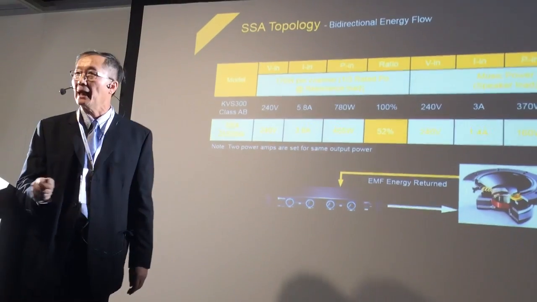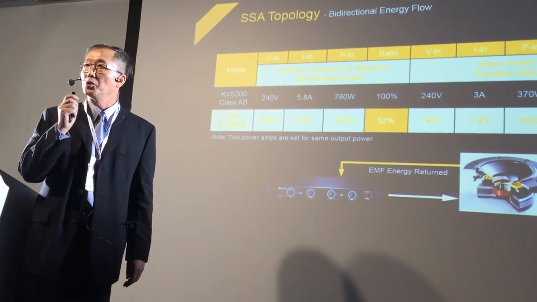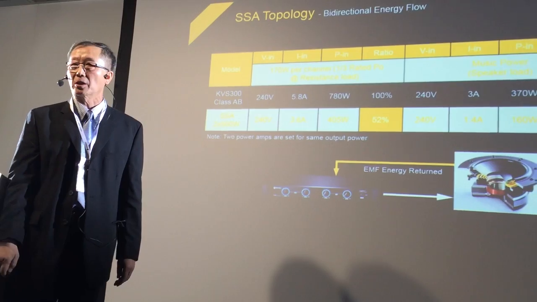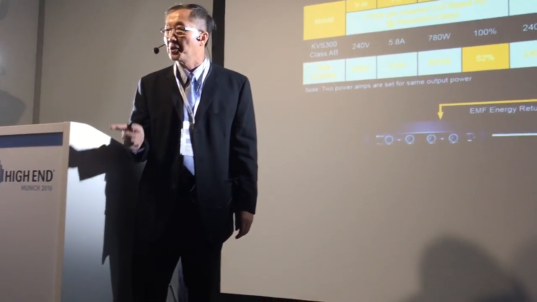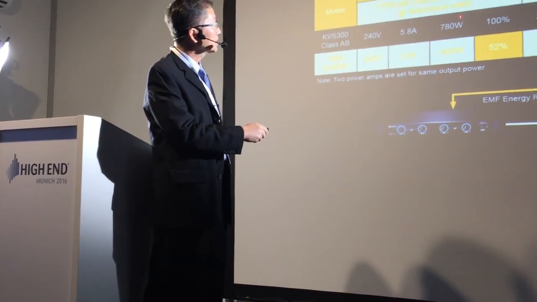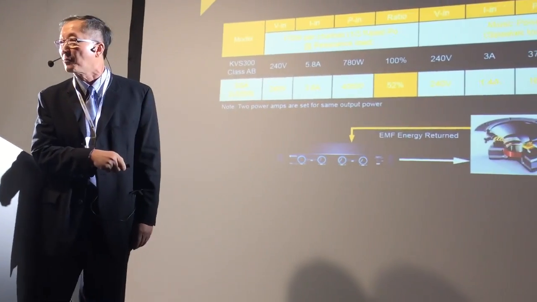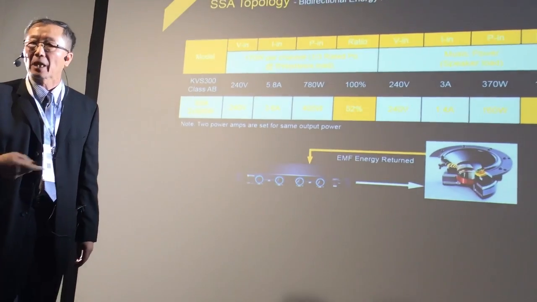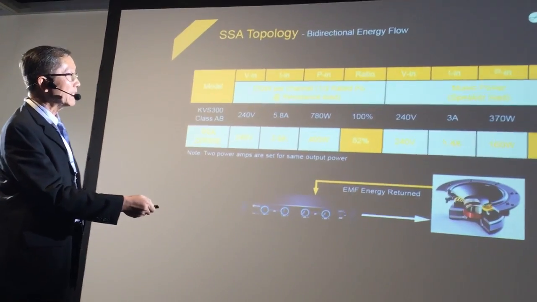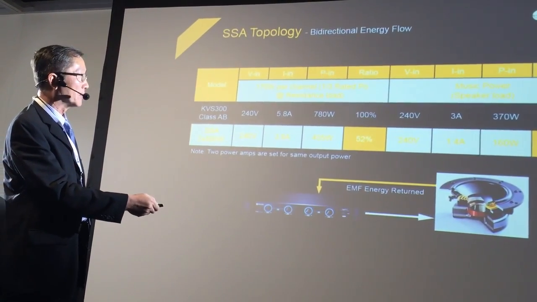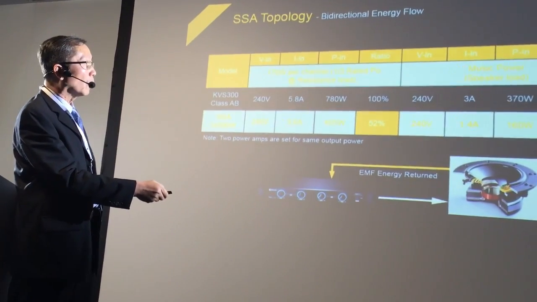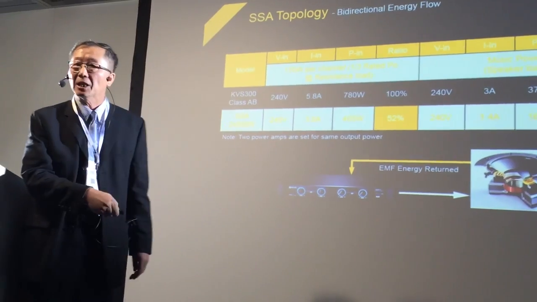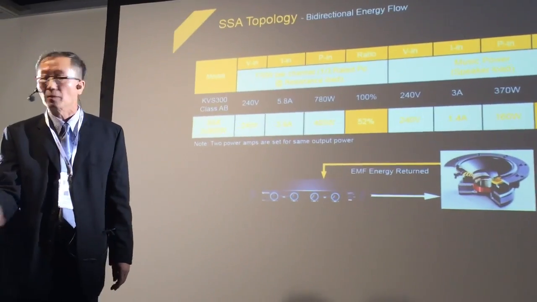Then we do another test. We use a true music signal, the same signal driving both amplifiers. We change the resistance load to a true speaker, which is an inductive type of load. We see at the same power, same conditions, this SSA amplifier draws only 43% of the energy from the wall.